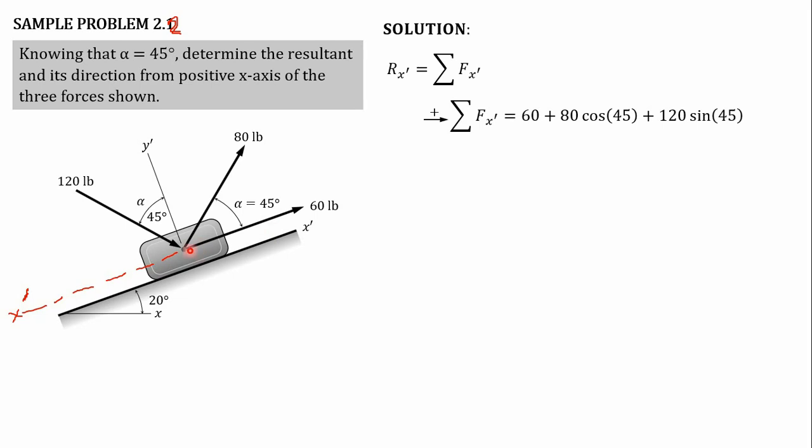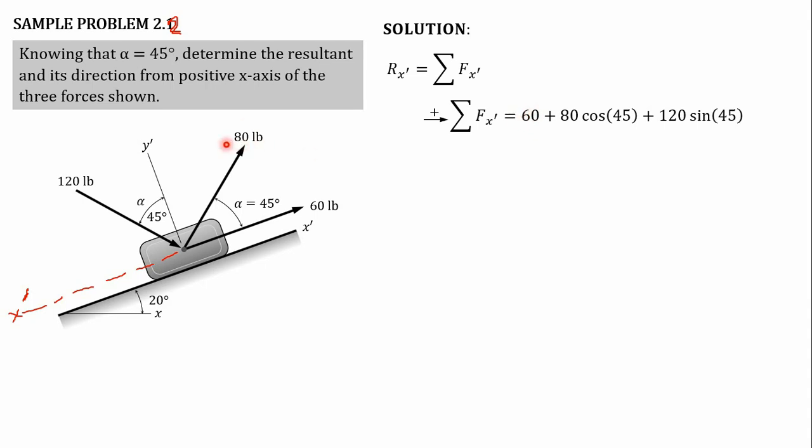Okay? Tingnan nyo. Yung 60 pound natin is along sa x prime or parallel sa x prime natin. So, therefore, yung component ng 60 pounds is 60 pounds. And since yung 60 pounds natin is going to the right, that's why when we assume that going to the right is positive, so that's why plus yan. Okay, positive 60 yan. Okay, gets nyo?